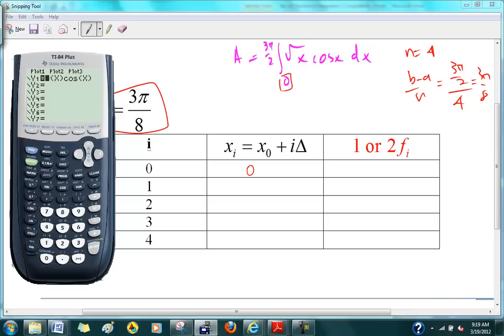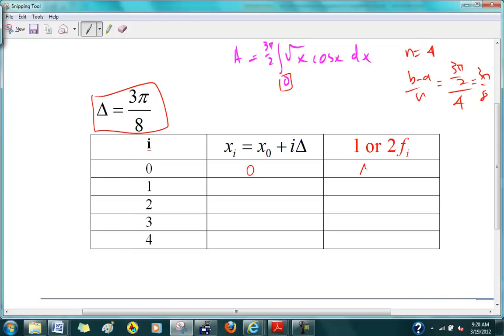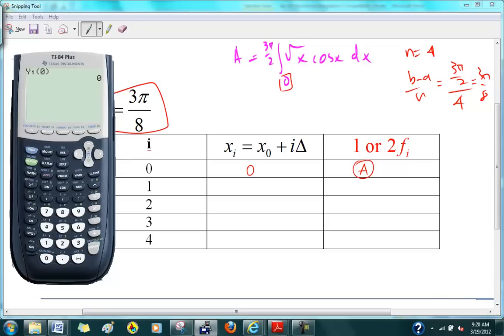Make sure you put the equation in y1. Then you're going to go vars, y vars, function, y1 of 0. Turns out that this is a 0, but I want you to store it in variable a.